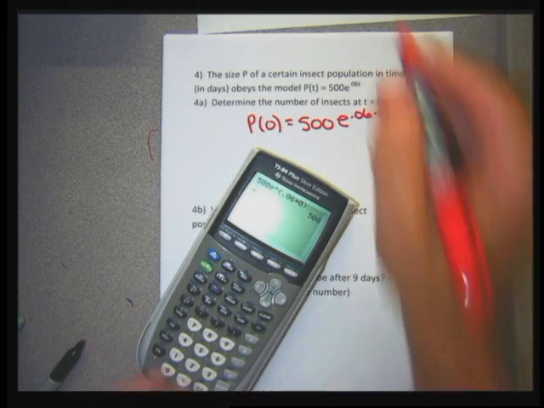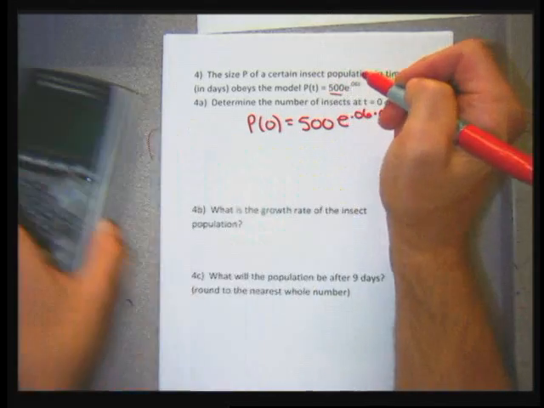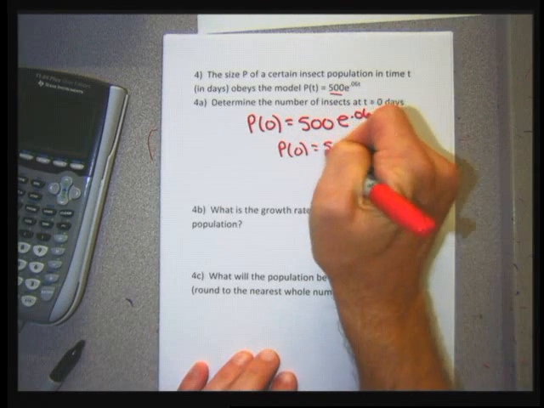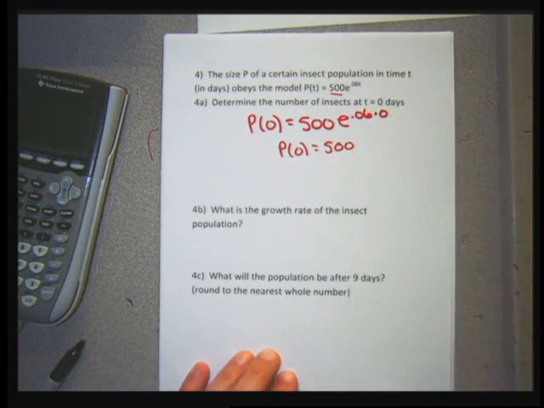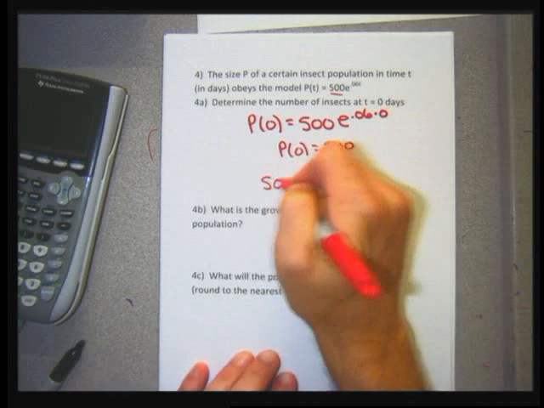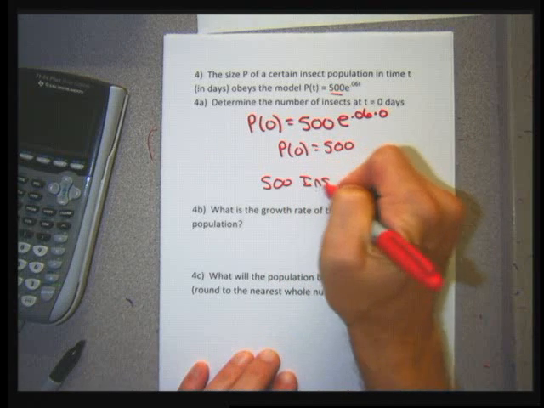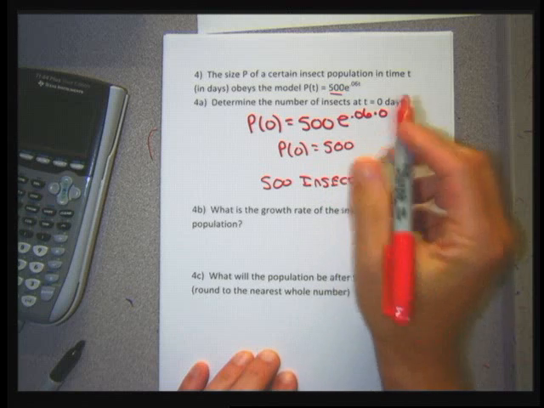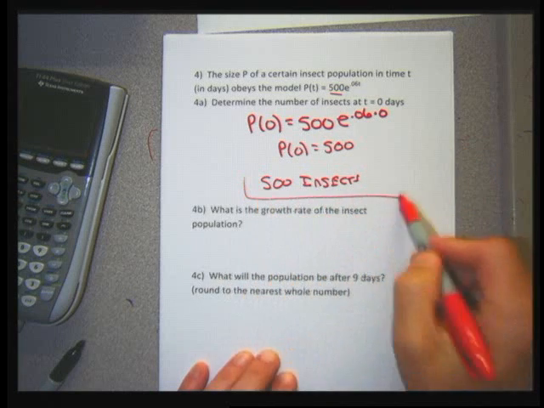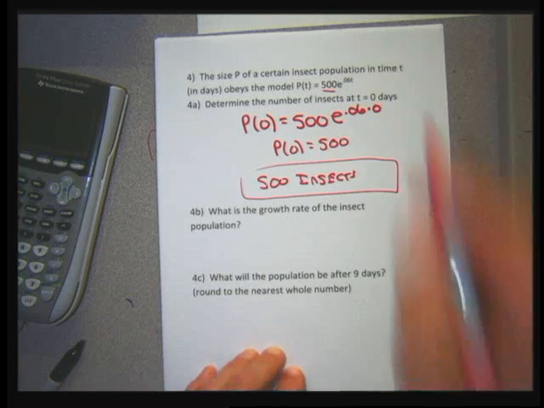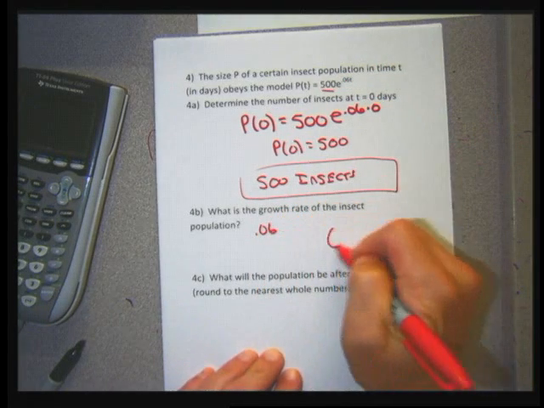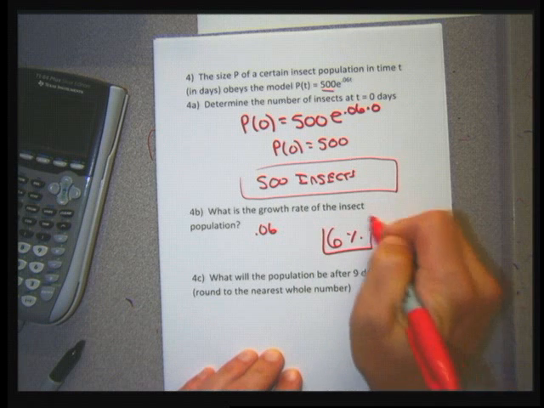It gives me 500. It's always the number to the left of the e is the initial population. And this didn't say anything about millions of insects, so there's just 500 insects, whatever kind of these are, is the initial beginning population. So determine the number of insects at t equals 0, 500. What's the growth rate? It's always that number as a percent, so the growth rate is going to be 6%.